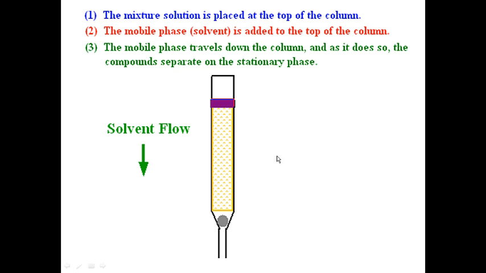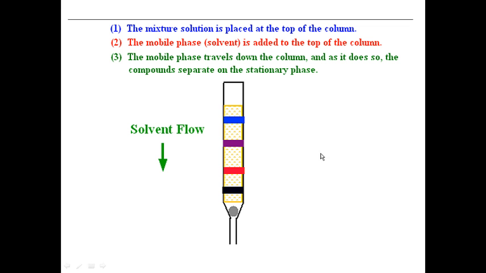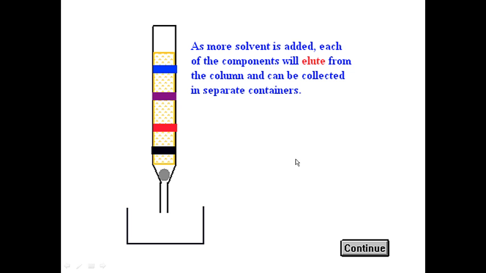And as the solvent moves down the column, the compounds will hopefully separate on the stationary phase by the same process they did in the TLC plate, by the process of adsorbing versus dissolving. And so what will happen is at some point we'll have different components at different places on the column, and as they elute off the column, we'll be able to collect them in separate containers.